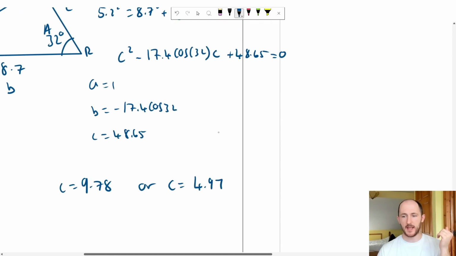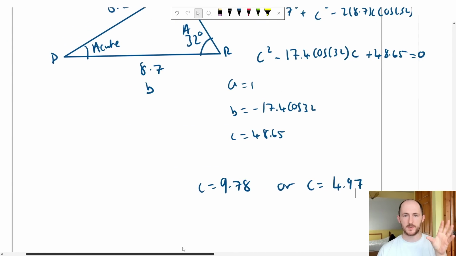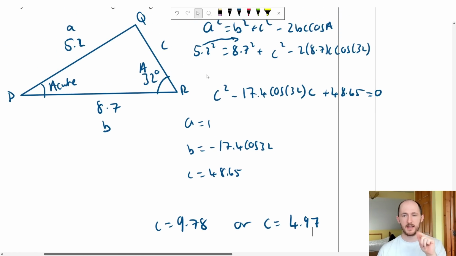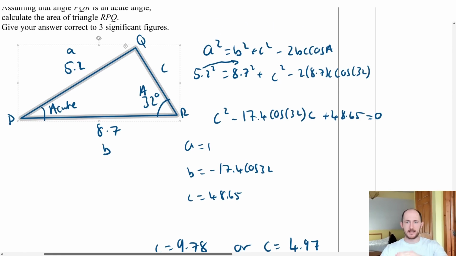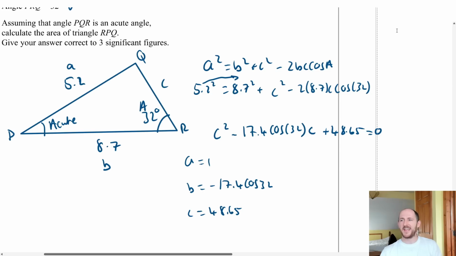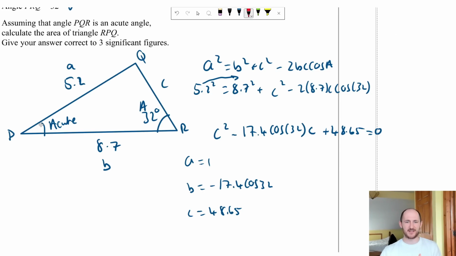And this is where the acute versus obtuse angle affects things. So, here's why. Imagine this. If this angle is acute, like it is here, the length of the line will be like this. However, if I make this angle obtuse, does it make sense that the side C would get longer? Imagine if I start increasing the size of the angle here.